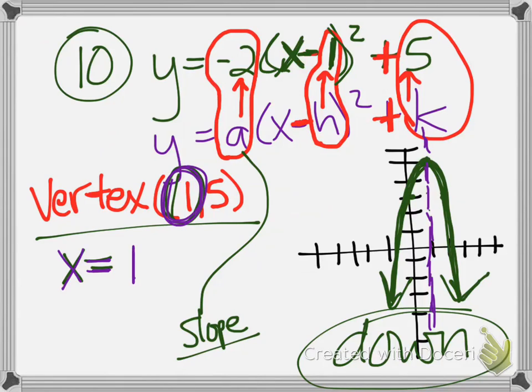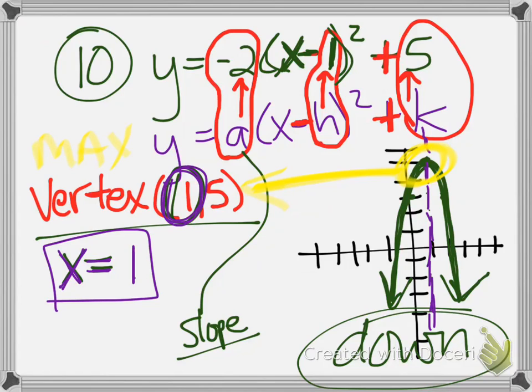The x in the vertex and the x in the axis of symmetry, both 1. Now, this has a maximum because it does have a highest point. The maximum point is the vertex point, so when I write the maximum point, I'm going to use 1, 5. So the vertex is our max. That's vertex form.